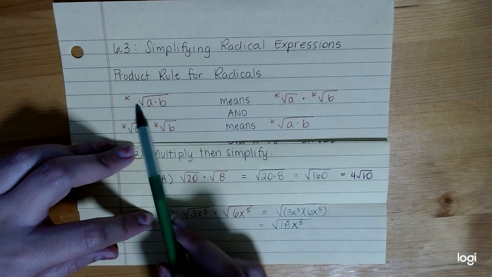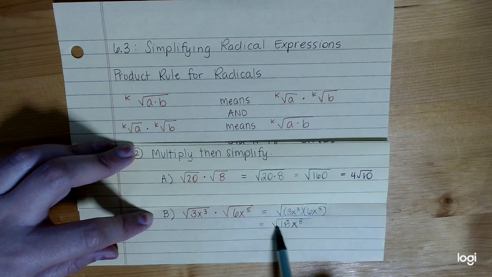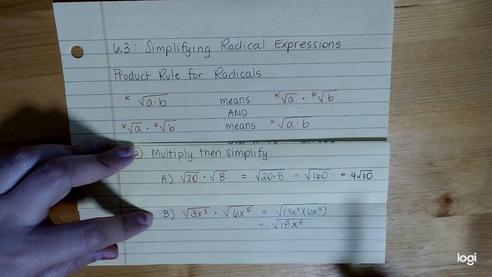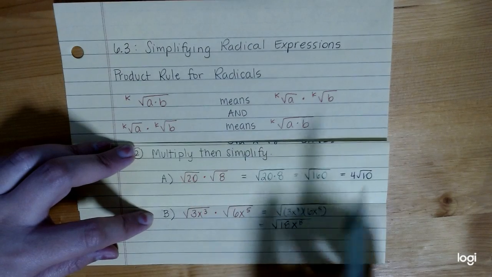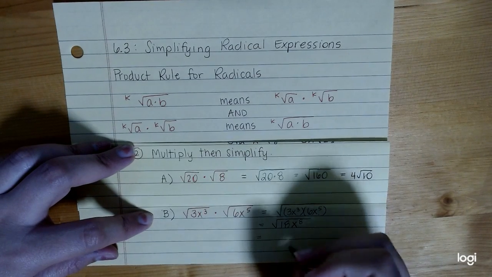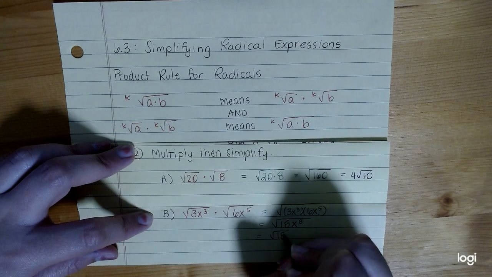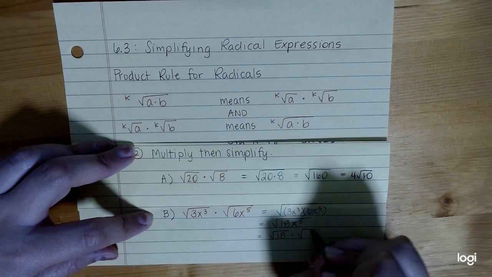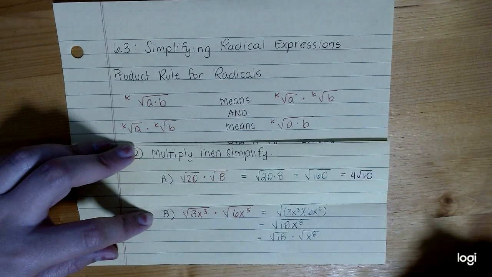So now I have the square root of 18 times x to the 8th. I'm going to use my product rule in reverse to help me: square root of 18 times the square root of x to the 8th.